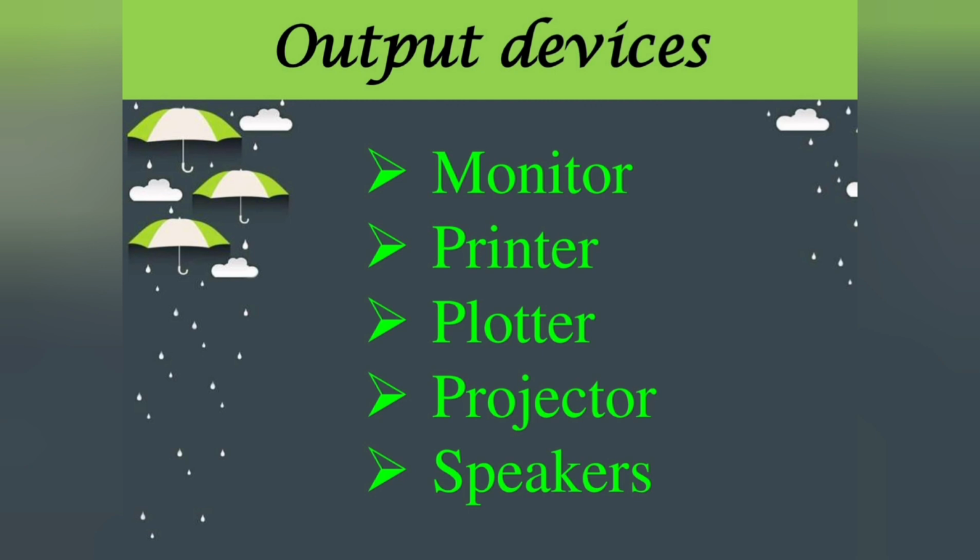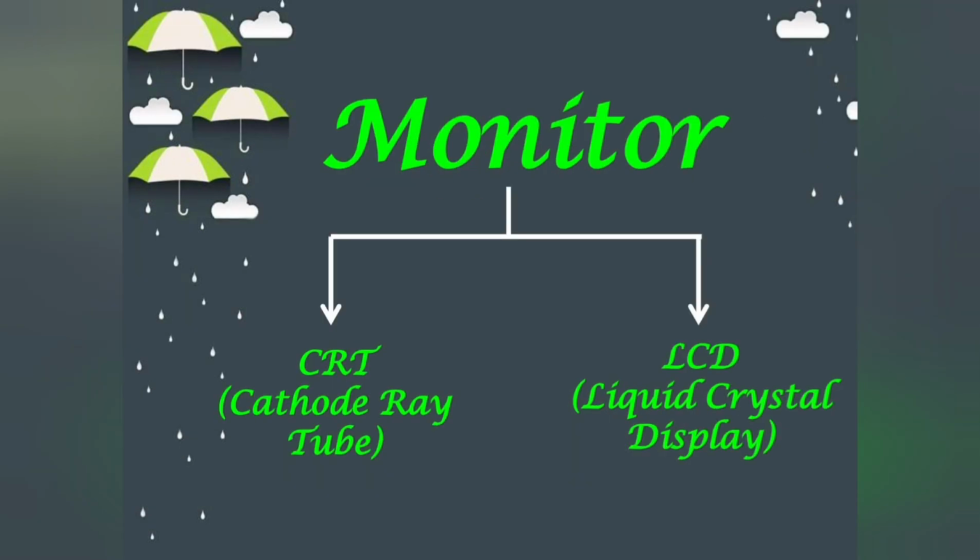Let us see the uses of these devices one by one. The first output device is monitor. Monitor is an electronic device that displays whatever we do on the computers.